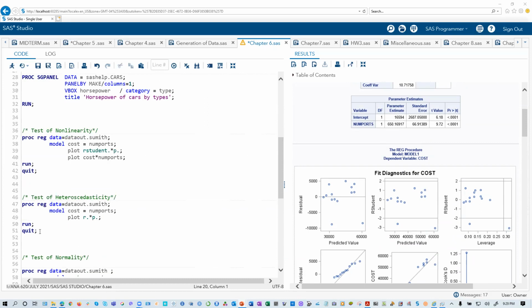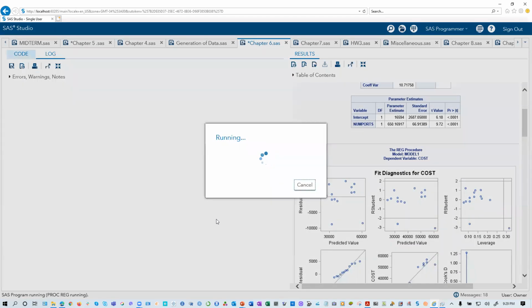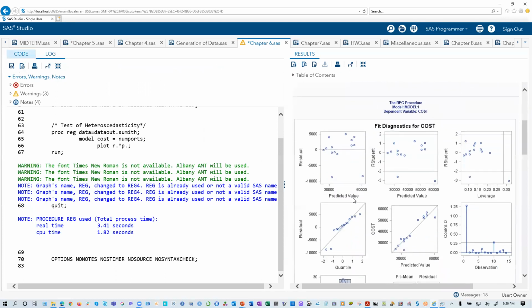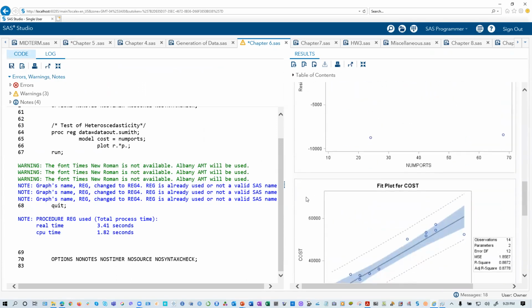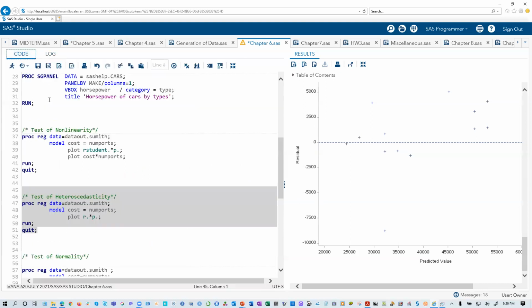Let's run this one and see. This is what I'm specifically looking for, the predictor value and predicted value. Let me see which one P stands for. Predictor value, number of ports.